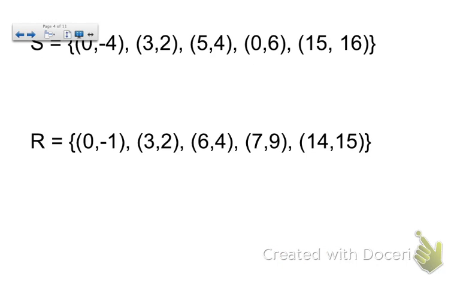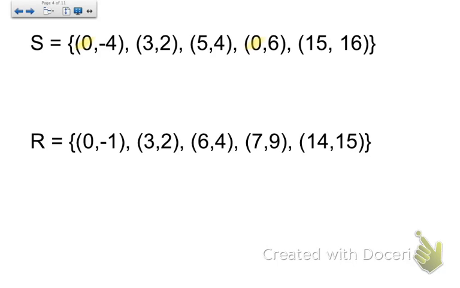Now, we're given another relation here. This time, it's written as a set of points. So we have S is the set (0, -4), (3, 2), (5, 4), (0, 6), and (15, 16). Okay? If I check out those x values, those domain values, I'm going to notice that 0 repeats.